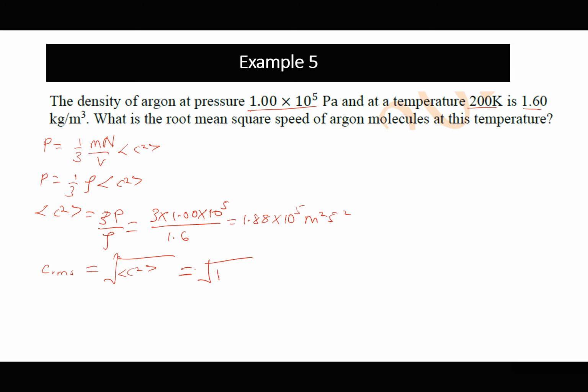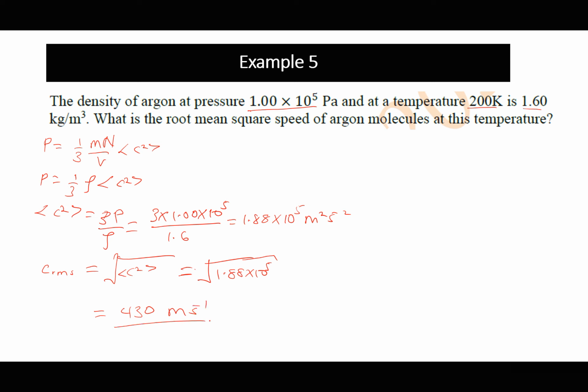So I'm getting the square root of 1.88 times 10 power 5. When I find the square root of the mean square speed, I get the root mean square speed, which is approximately 430 meters per second to 2 significant figures.